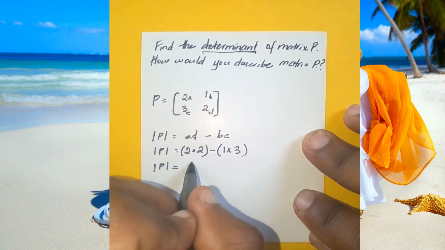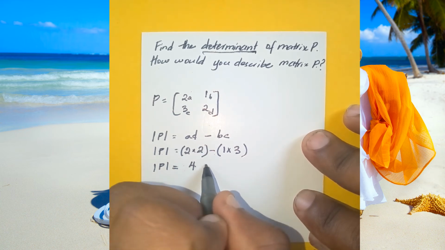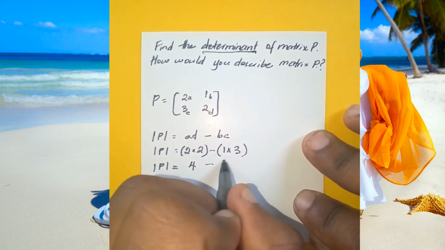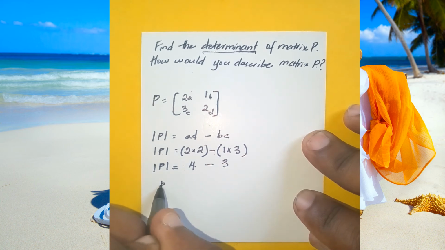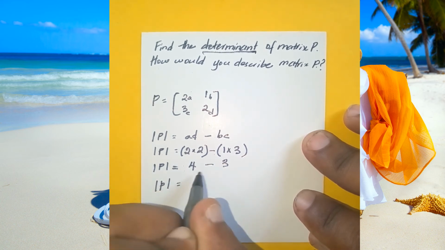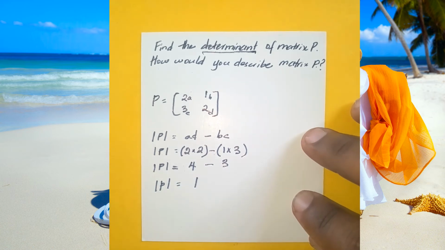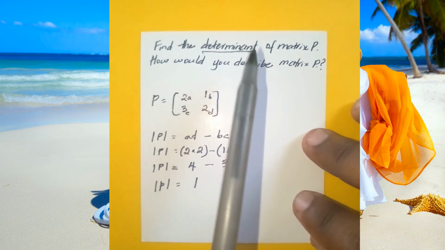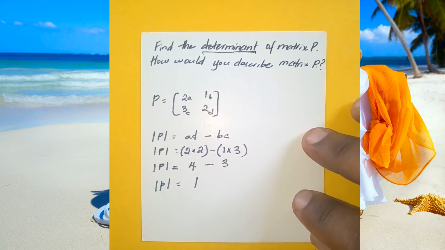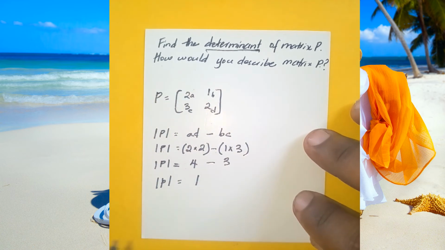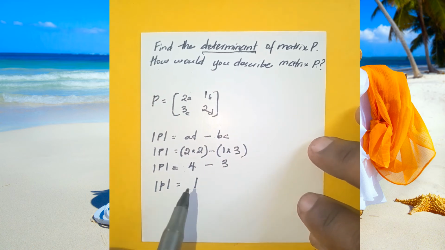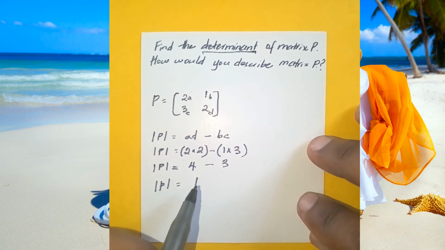So I'm just keeping my formula, working with it. 2 times 2, that's 4. Subtract 1 times 3, that's 3. So the determinant of P is equal to 4 minus 3, which is just 1. And we just finished finding the determinant, but that's not all. It says that we need to describe the matrix. If the determinant of the matrix is equal to 0, then it's a singular matrix.